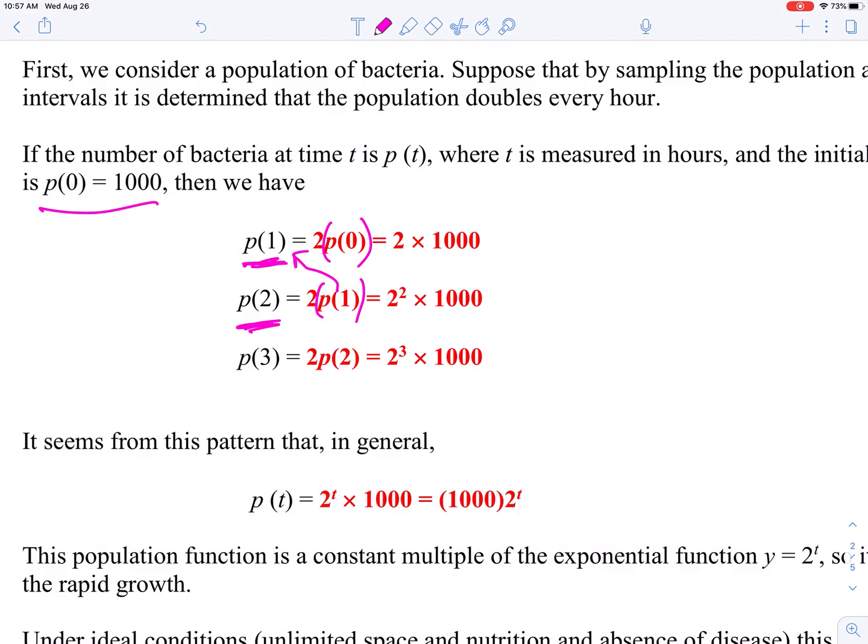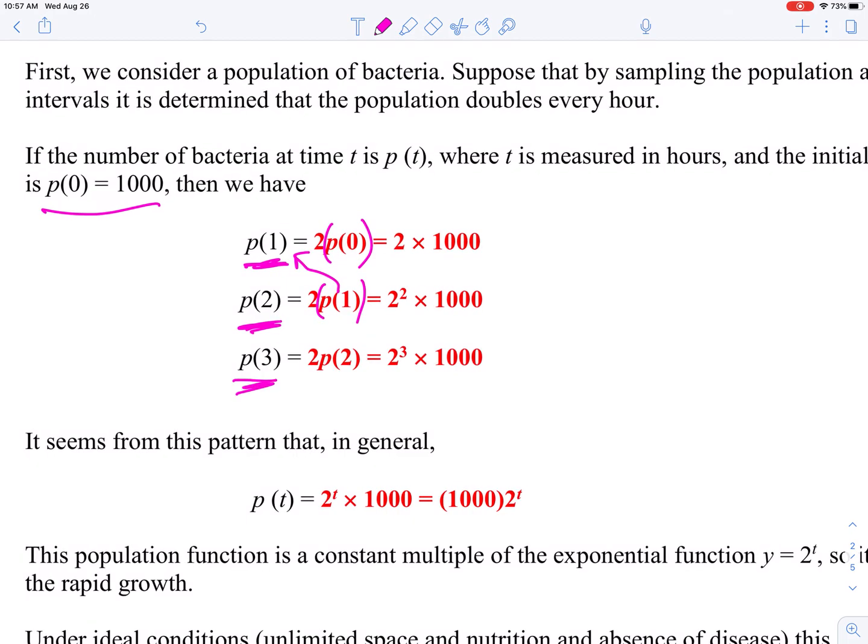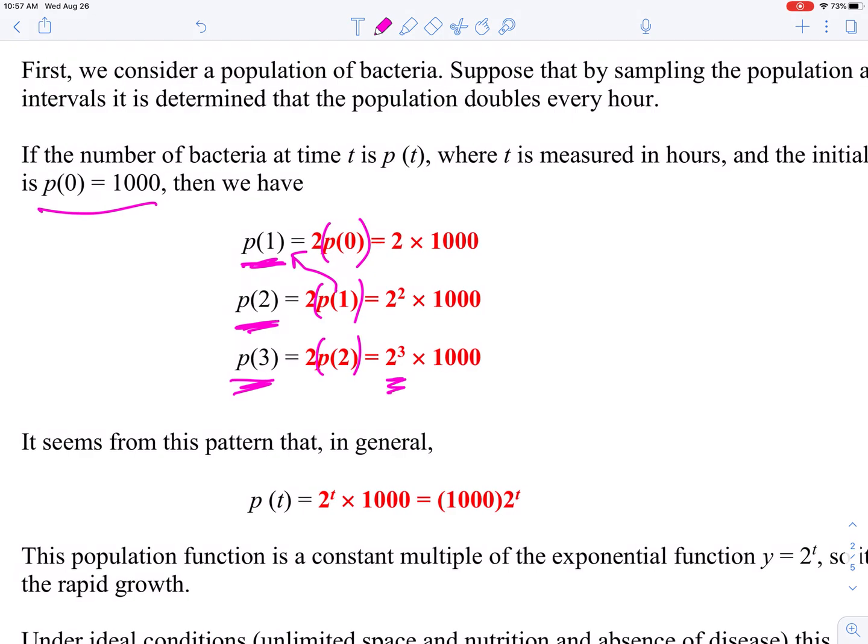Okay, we can easily multiply these out, but we want to find a pattern here. What we're trying to find is a general equation for this population model. Alright, so if we want hour 3, we double the previous. But we notice the pattern arising here, right?